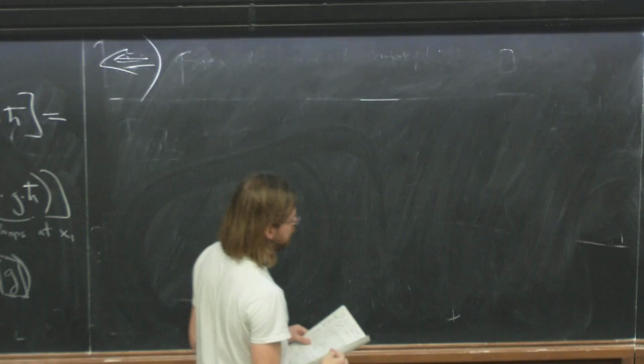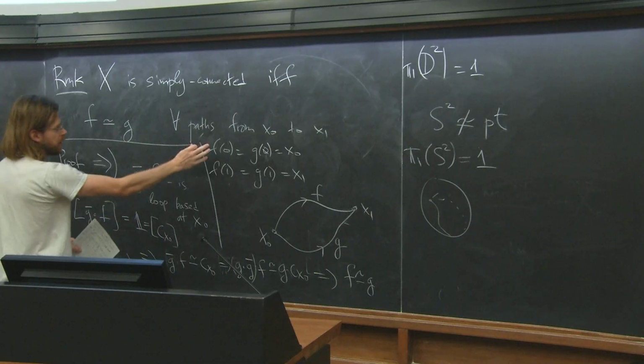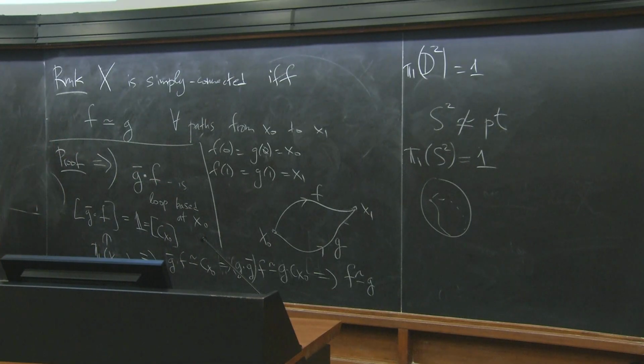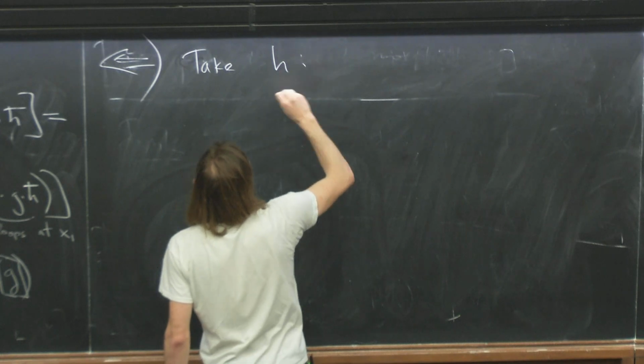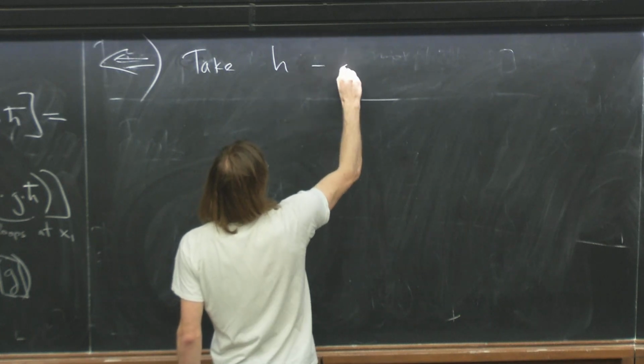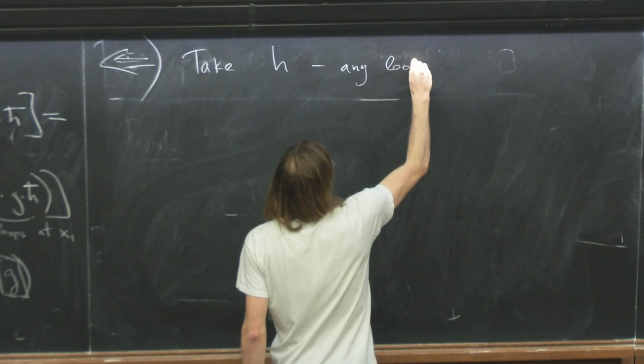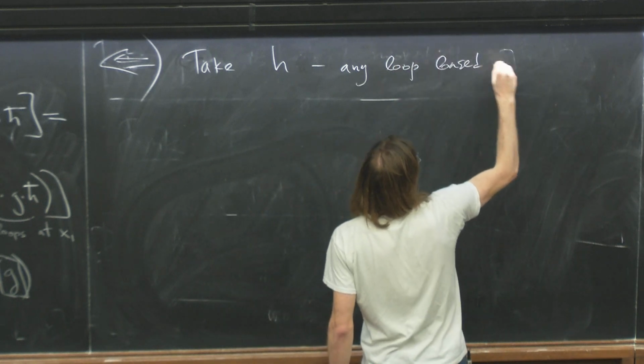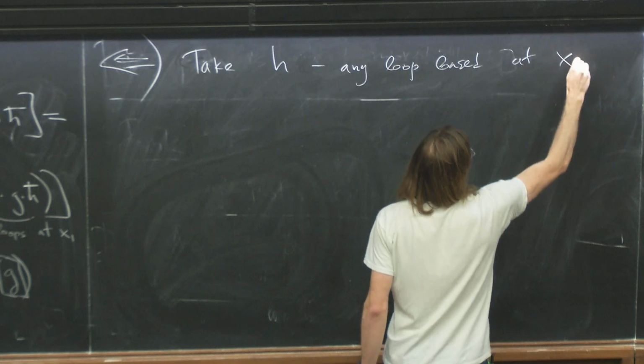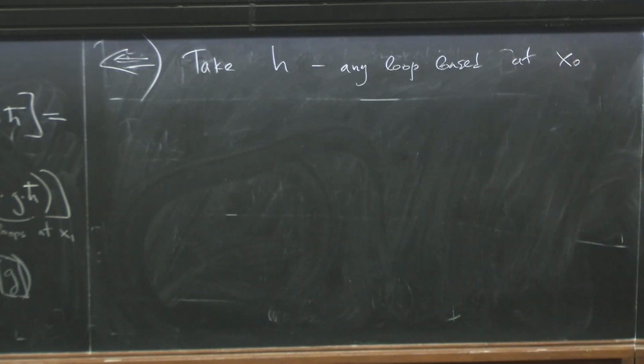So now we are given this, and we know that for any pair F and G, they are path homotopic. Let us take H, any loop based at x0. So we take some H.